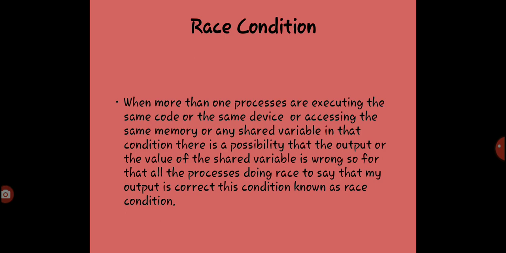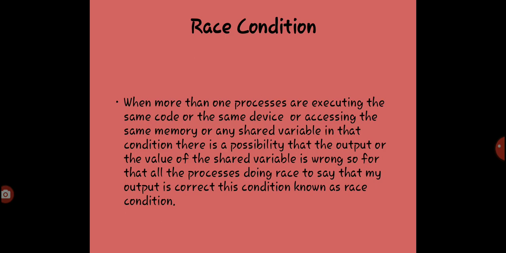For example, any IO device, a printer. If both processes want the printer to be used, which process will get the printer first, process 1 or process 2? On what basis will the printer be supplied to the processor? That is called a race condition.